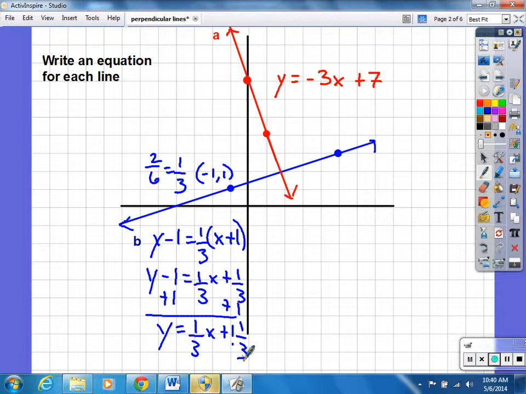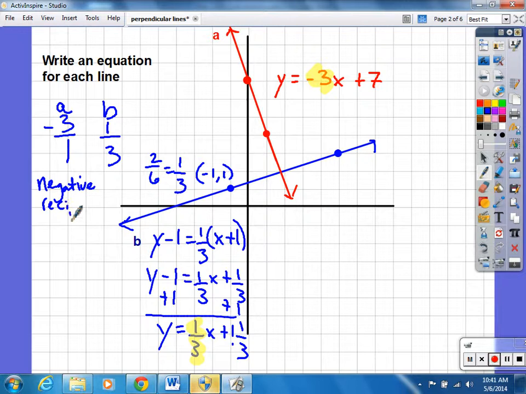If we compare the slope of line A, which is negative 3, to the slope of line B, which is positive 1/3, what you'll notice is what we talked about yesterday. Negative 3 over 1 is line A. Positive 1 over 3 is line B. And you can easily see that the slopes are the negative reciprocal of one another.